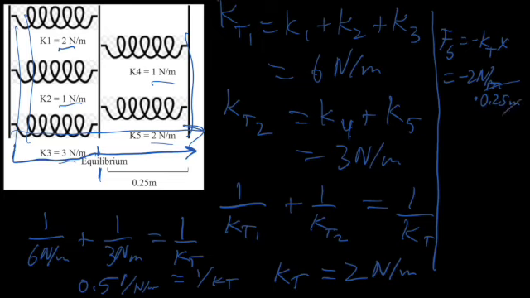So what we're left with is negative 2 times a fourth, so negative 2 divided by 4, which equals negative 0.5 Newtons. And it's in Newtons, which is what we want for any forces. And so that is the total force generated by this spring here.